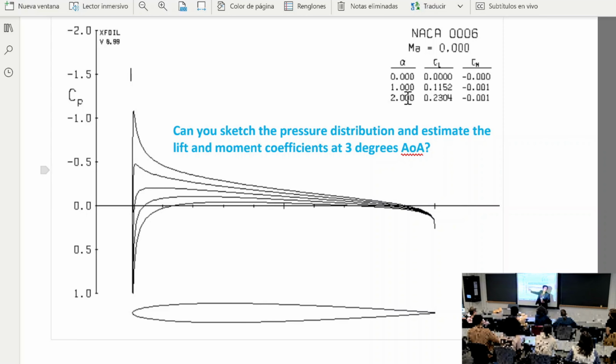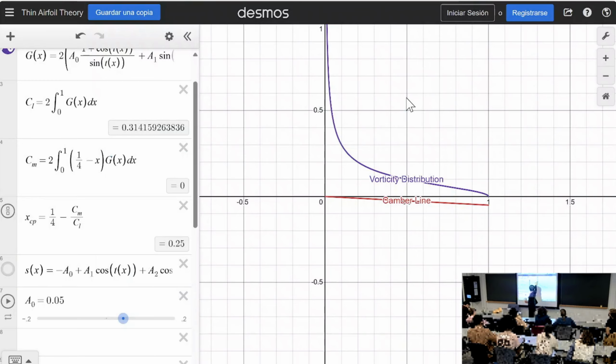Okay, and why is it the middle? Because as you increase or decrease the angle of attack, the upper and lower surface pressure distribution widens, right? And the amount of widening is going to be linear to the angle of attack, right? That's the A0 term. And the difference between upper and lower surface should have a shape that looks very much like this one, except right at the leading edge.